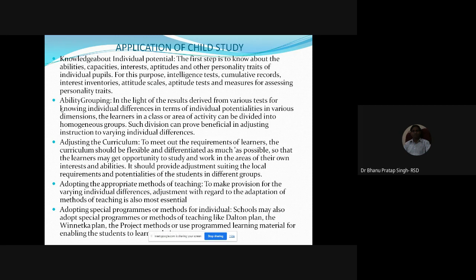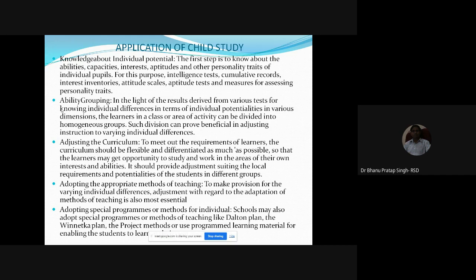Second is ability grouping. Means knowing individual differences in terms of individual potentialities in the various dimensions. The learners in a class or in an area or activity can be divided into various homogeneous groups, and such division can prove beneficial in adjusting instructions to varying individual differences.